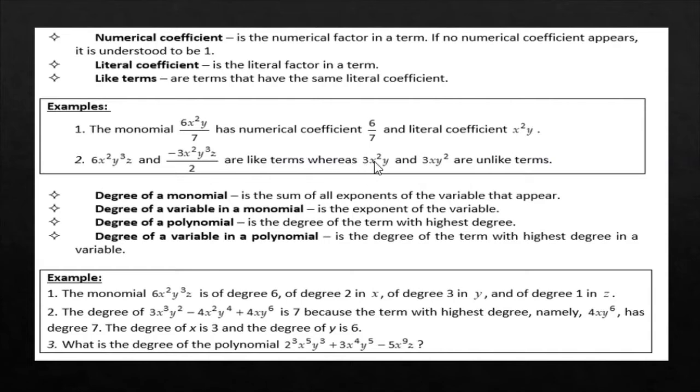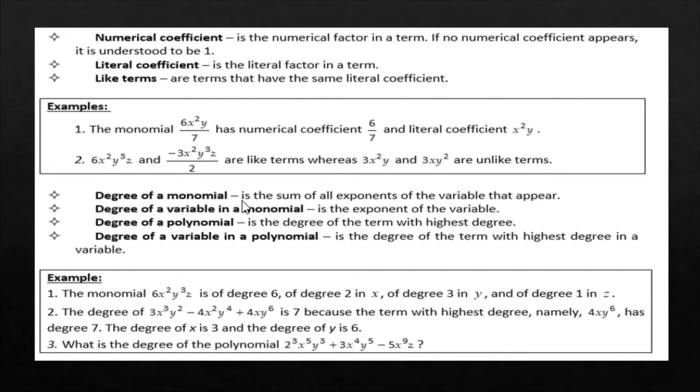Whereas, 3x squared y and 3xy squared are unlike terms. Bisag parehag mga base ang literal but ang exponent nila maglahi, so dili na sila like terms. They are called unlike terms. Kay diri square si x, diri ang power ni x 1. Diri 1 ang power ni y, diri square. So, dili sila pareha og literal coefficient, so they are unlike terms.